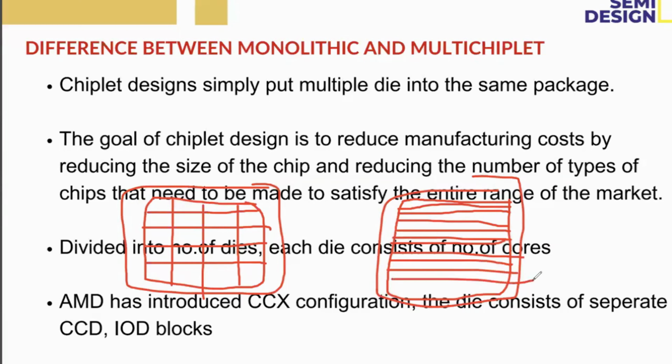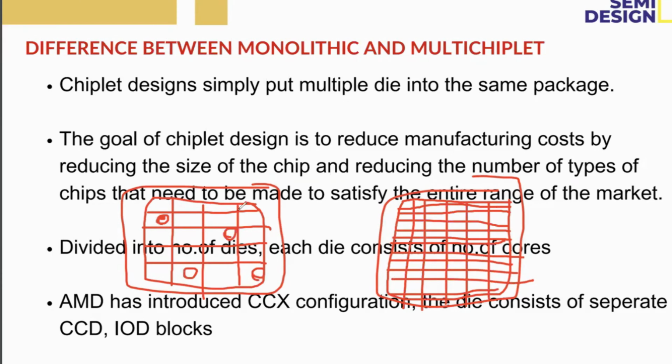Okay, so if any error is detected or any defects are there, suppose in multi-chiplet and the monolithic, suppose some defects are there here, and here also there are some defects.